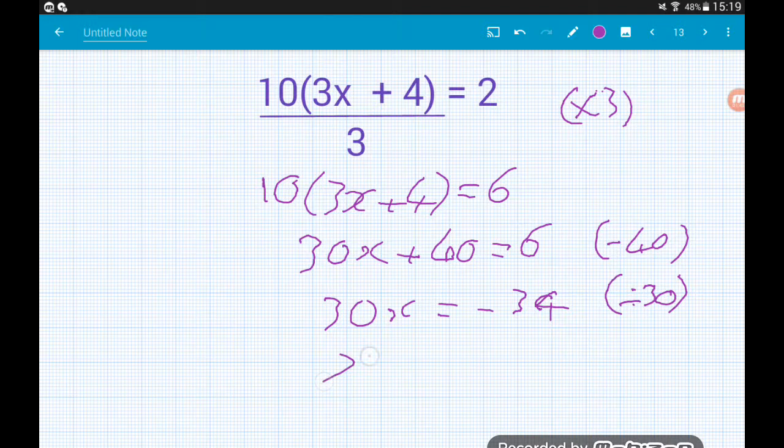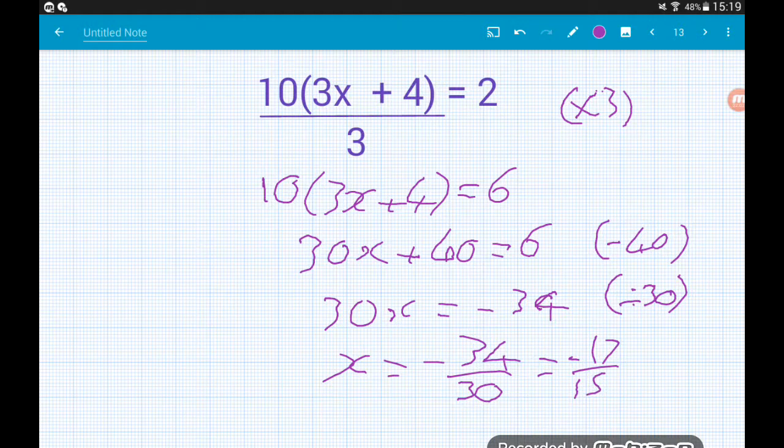So that will give us x is equal to minus 34 over 30. Which can be simplified to minus 17 over 15, which we can even write as a mixed number in the form minus 1 and 2/15.